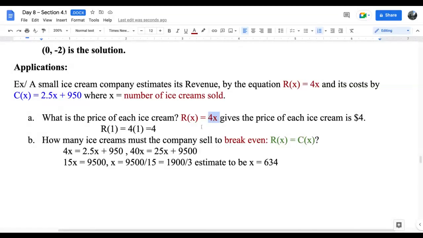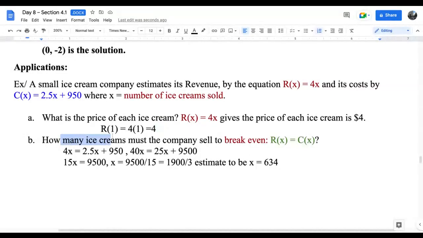So that's 4x, which is R of 1. When x equals 1, that's just one ice cream. So if it's one ice cream, what's the price? 1 times 4, which is $4. So this basically interprets this function.